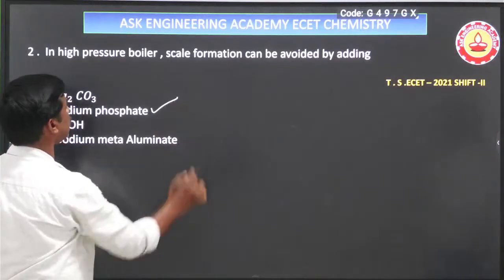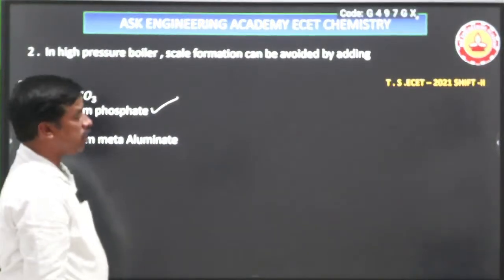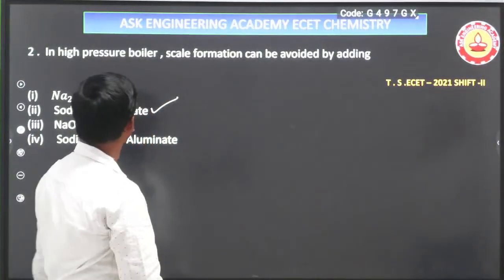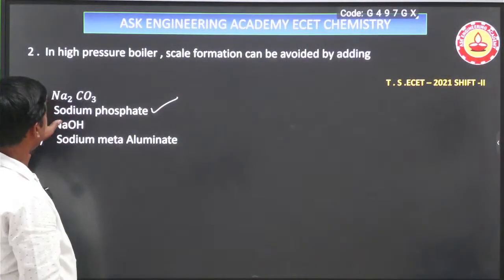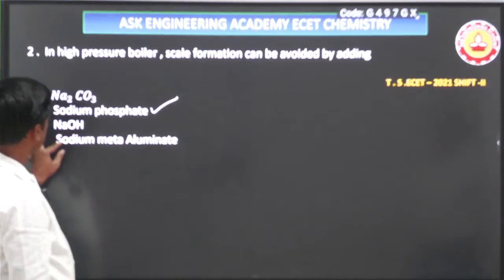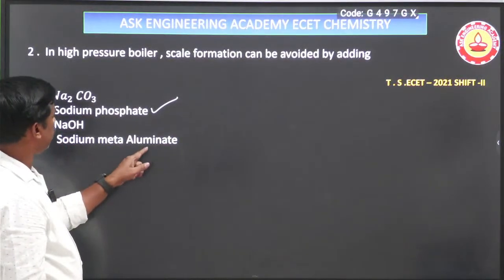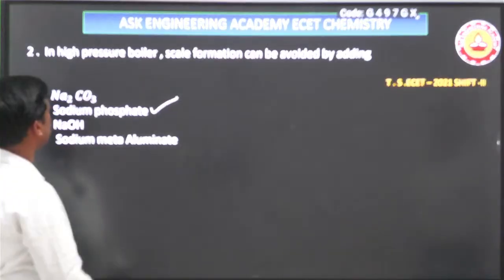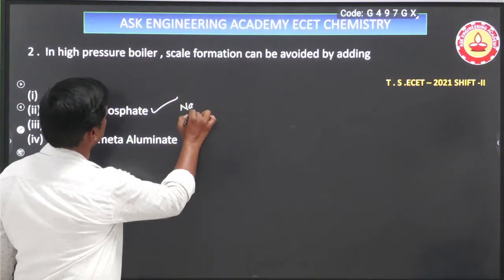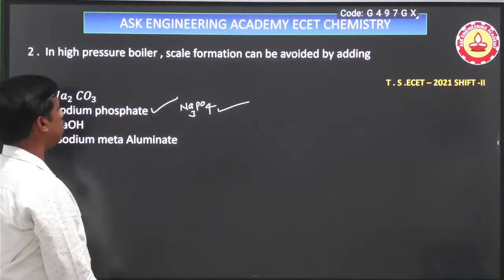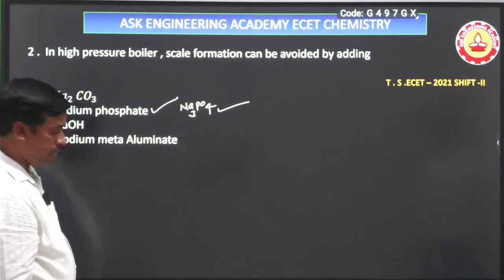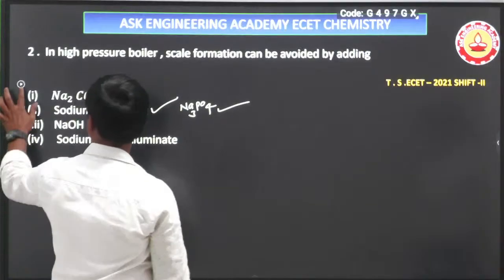Sodium phosphate, Na3PO4, is used for avoiding scale formation in high pressure boilers.